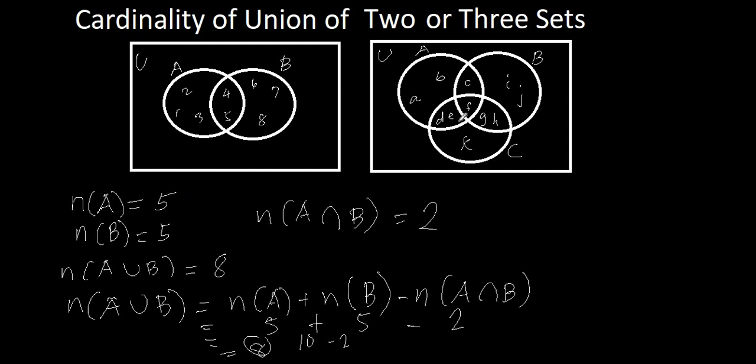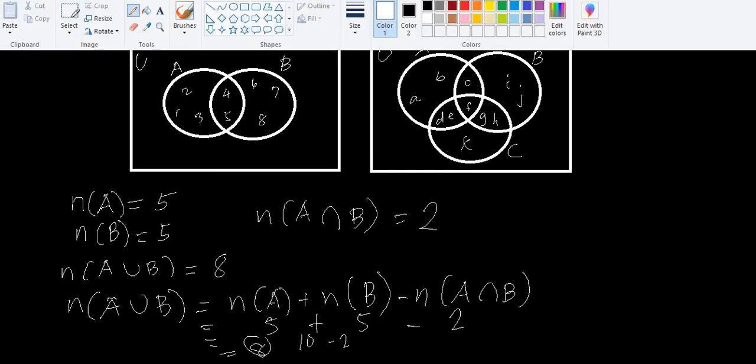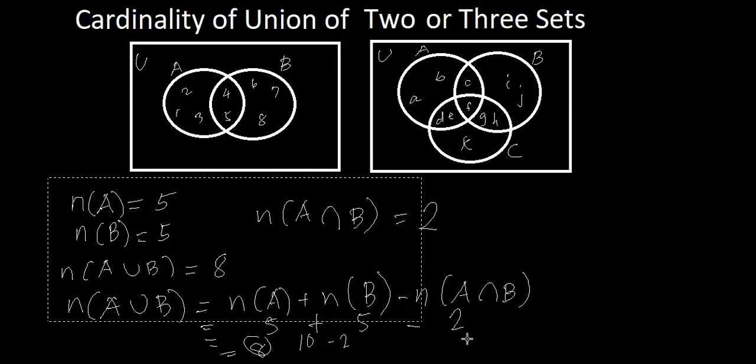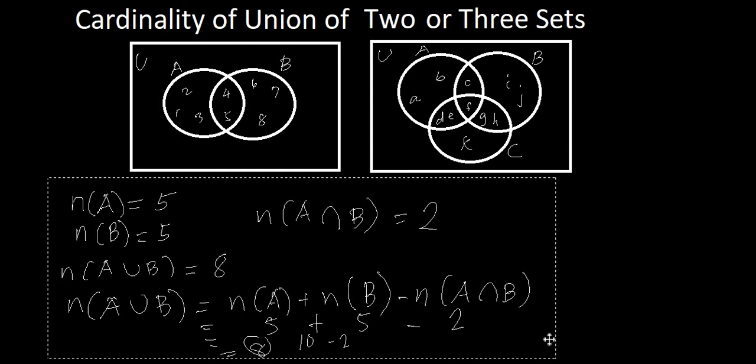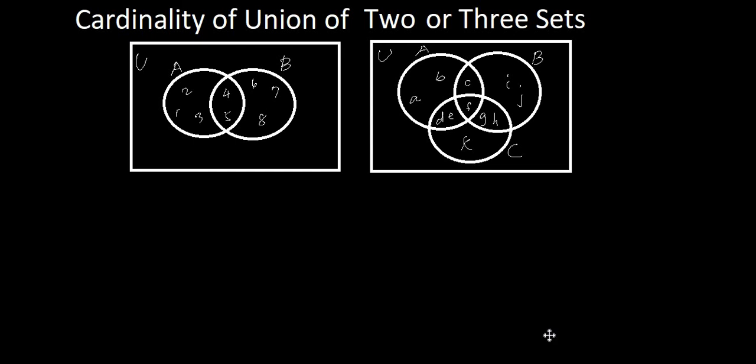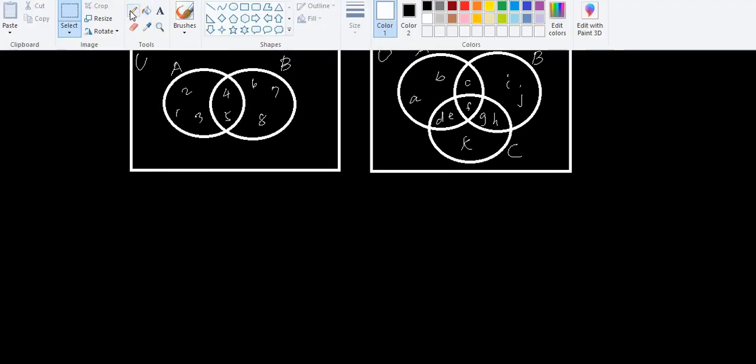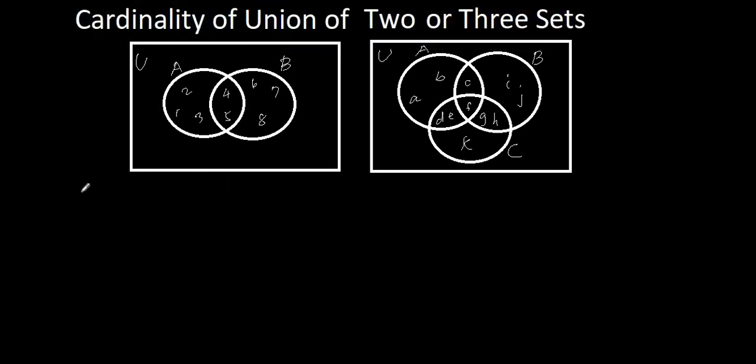This time, let's move on to the cardinality of the union of three sets. First, let's list the cardinality of set A. How many elements are there in set A?